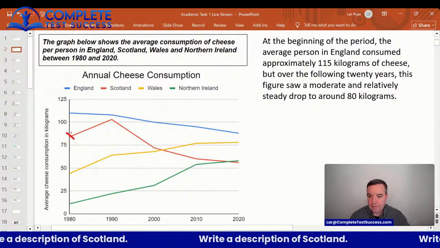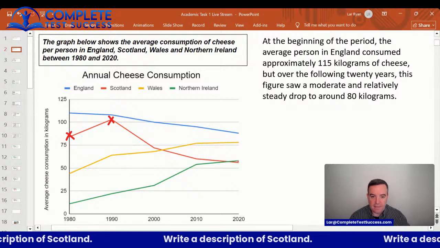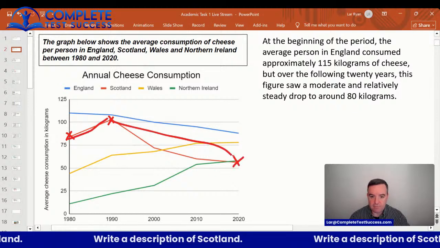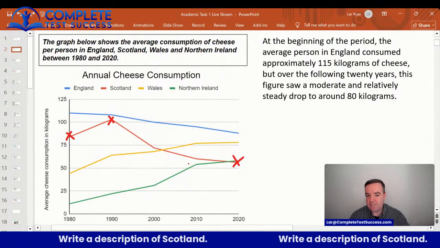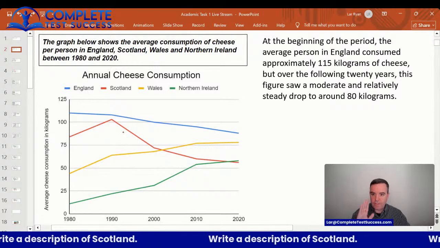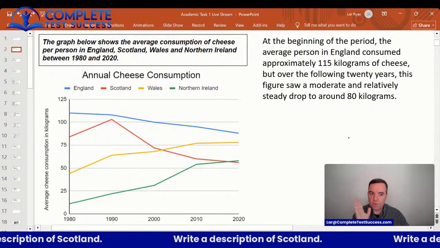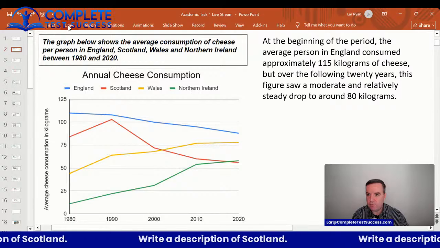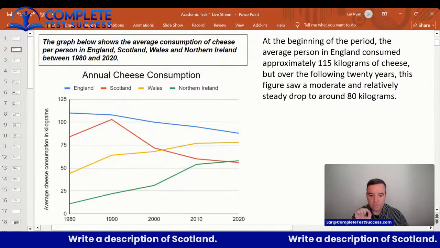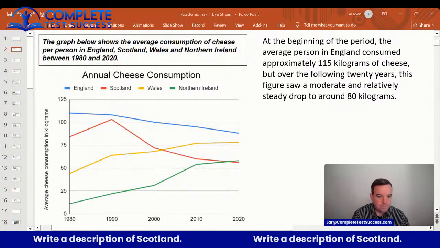But if we include this one and this one and this one, well, then the reader's going to imagine, okay, it went from the first one to the second one and it went from the second one to the third one. I mean, it's not perfectly accurate, but it's quite close. So no, don't go year by year. Don't include all the years. Just include the important years based on the shape of the line.